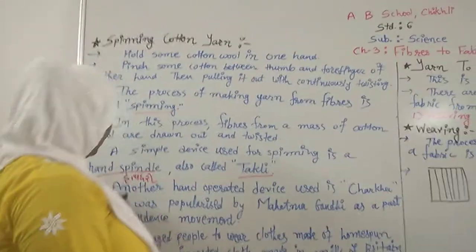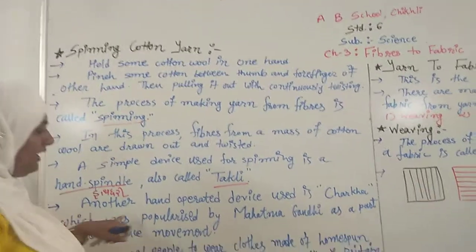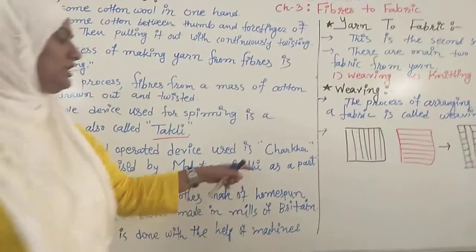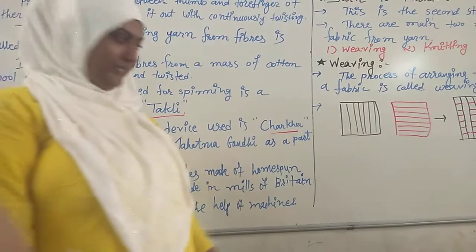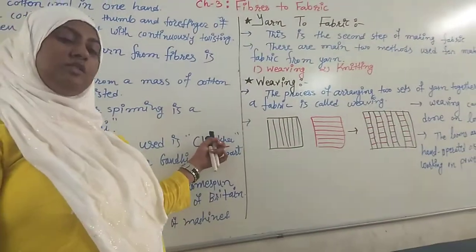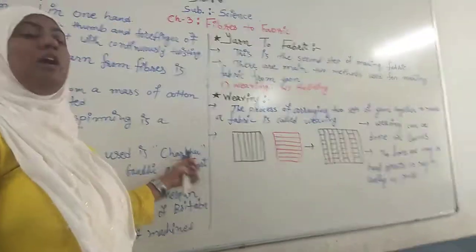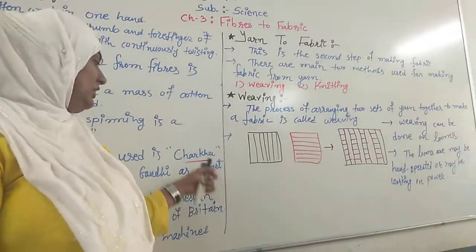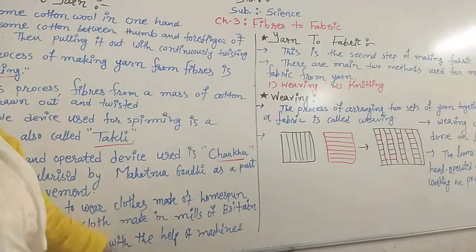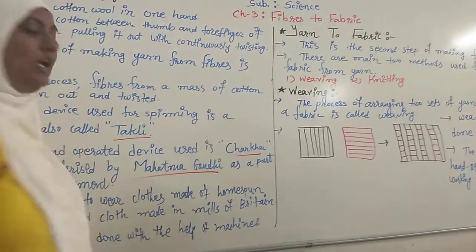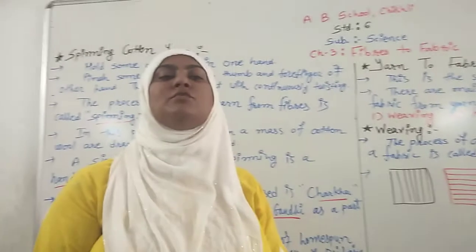Another hand-operated device used is the charkha. We all know about the charkha. Who used this charkha very much? Mahatma Gandhi. The charkha was popularized by Mahatma Gandhi during the independence movement.